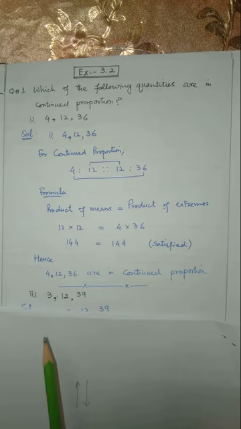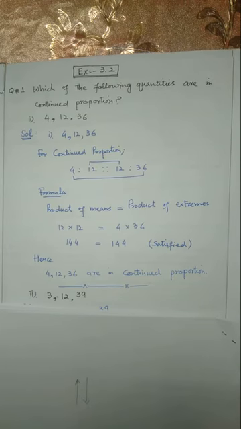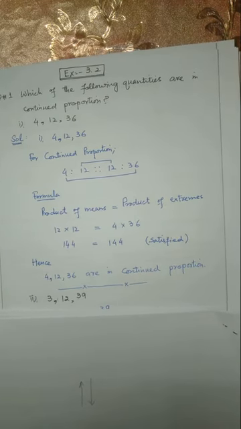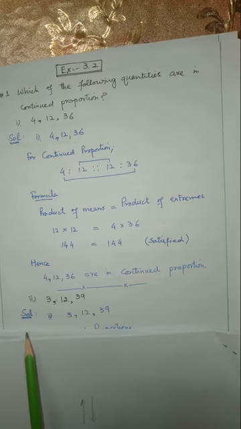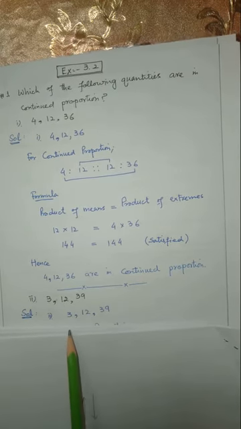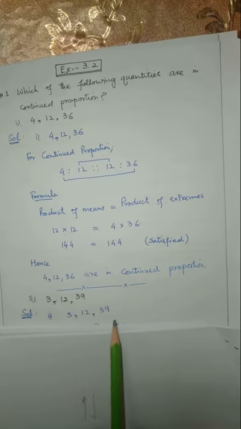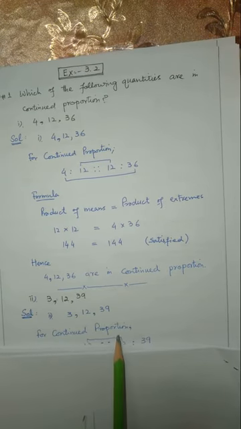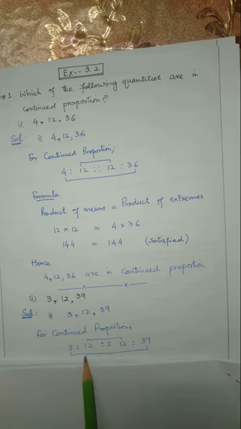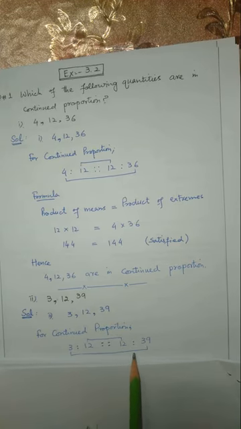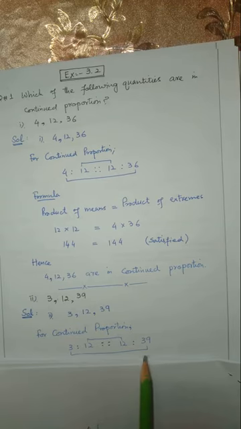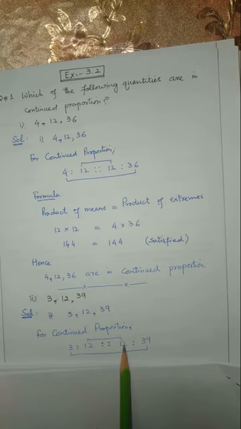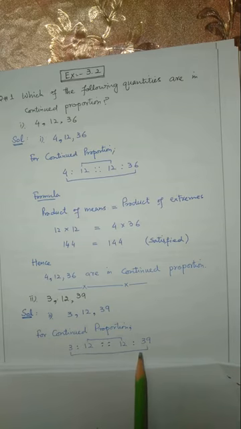Part 2: 3, 12, 39. Solution: repeat the given question. 3, 12 and 39. For continued proportional, 3 : 12 :: 12 : 39. 12 and 12 are means and 3 and 39 are called extremes.